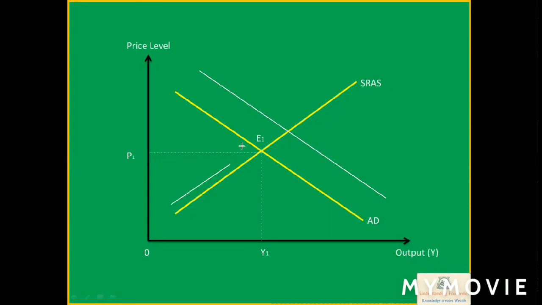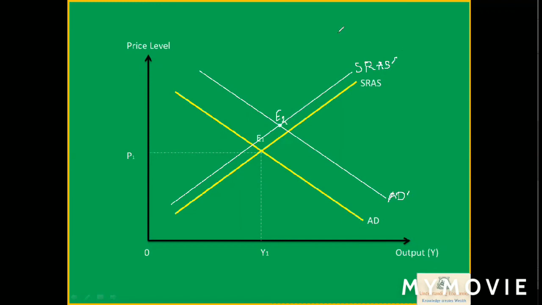So the distance between the aggregate supply curves will be smaller, and suppose this is our new aggregate supply curve, and this is our new aggregate demand curve. So the new equilibrium that we have achieved is at point E2.